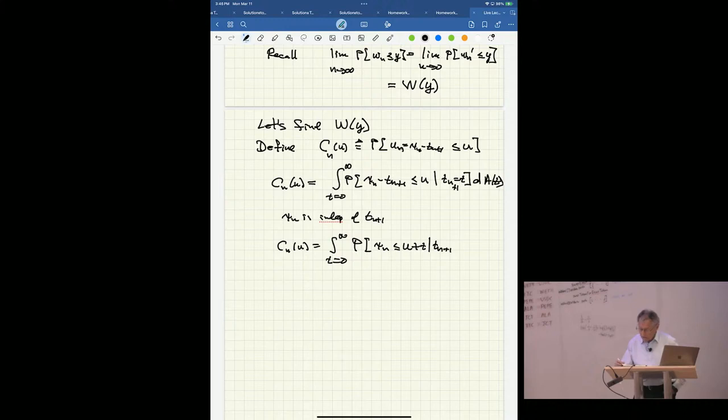That's a plus 1 above. The equation above needed tn plus 1, not tn, equal to t.